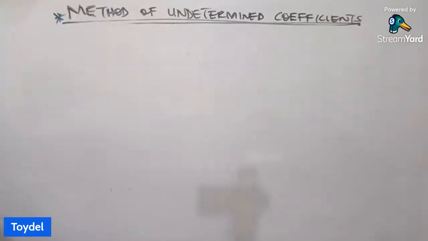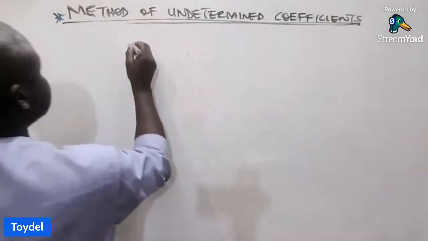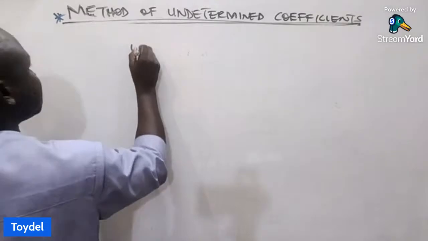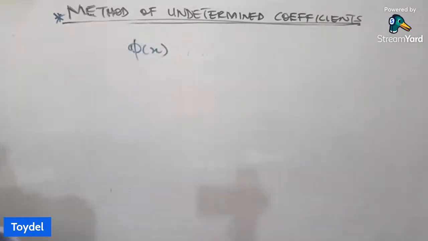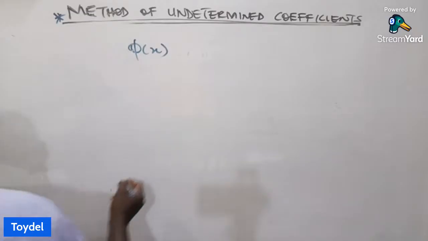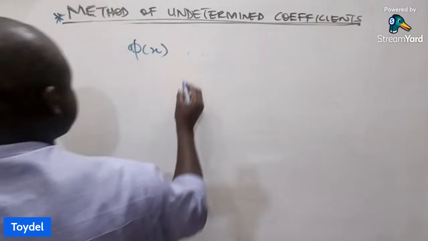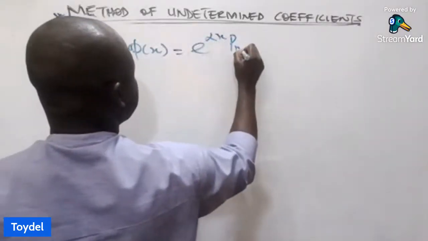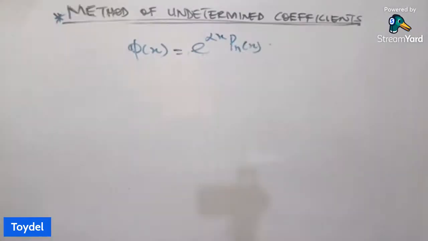So if phi of x, the right-hand side of the non-homogeneous differential equation, is given as, say, e to the alpha x times p n of x, in this case we have a product of an exponential and a polynomial function. So how do we write the particular solution?